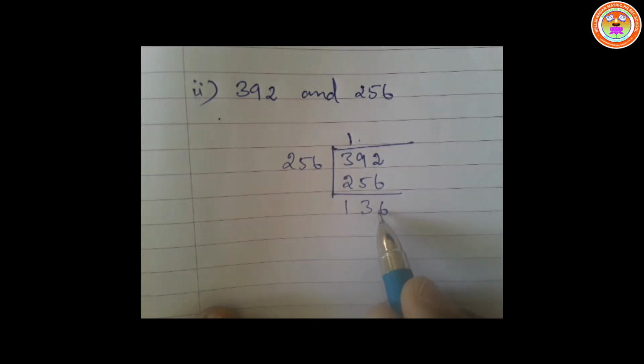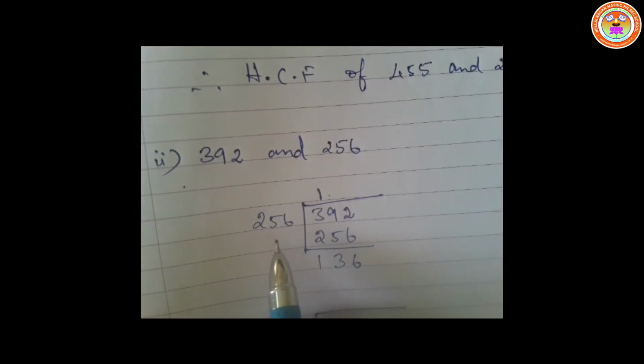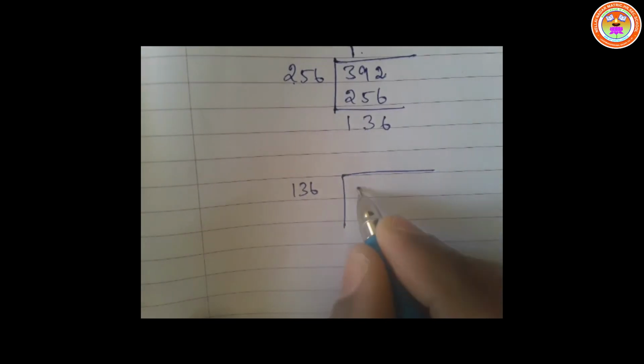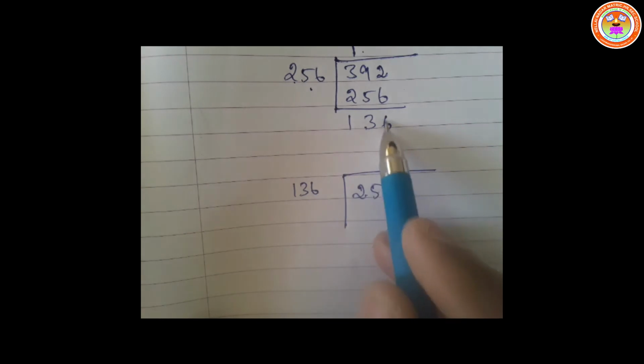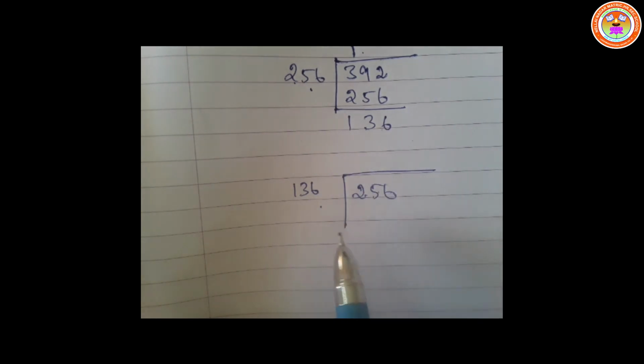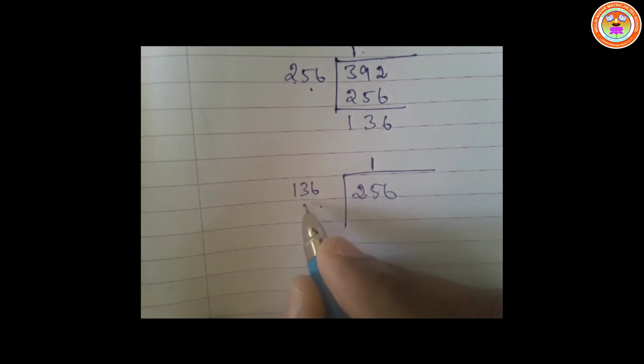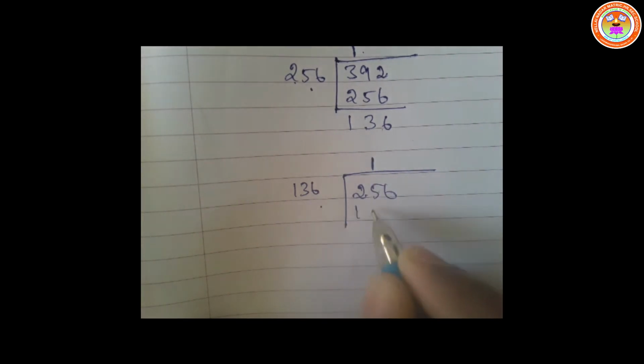So the remainder you have to put outside the division symbol, and the divisor, 256, you have to put inside the division symbol. Now you have to divide it. How many times will it come? Again 1 time only. 1 into 136 is equal to 136.